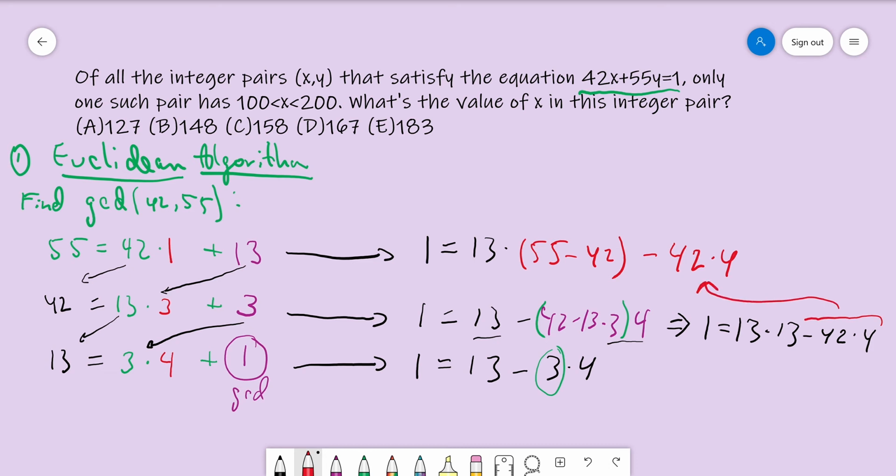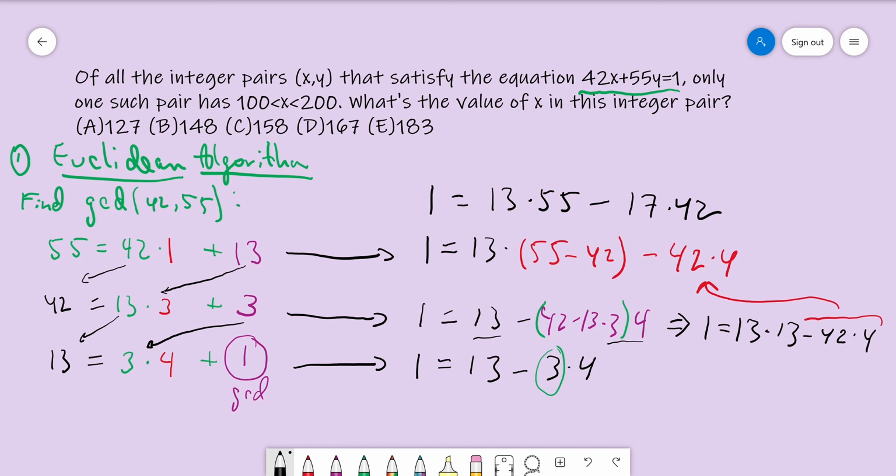Well, let's simplify this. If we simplify, we get 1 is equal to 13 times 55, and then we have minus 13 times 42 minus 4 times 42. So that gives us minus 17 times 42.